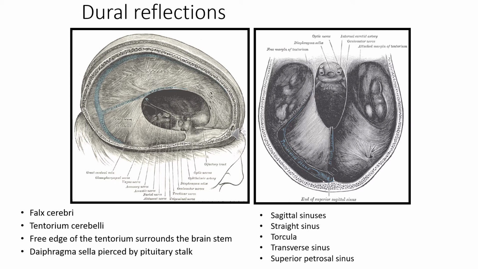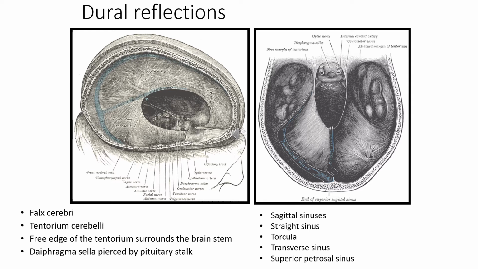Dividing the anterior and the posterior cerebral space is the tentorium cerebelli. So this is the reflection we saw on the previous CT scan.